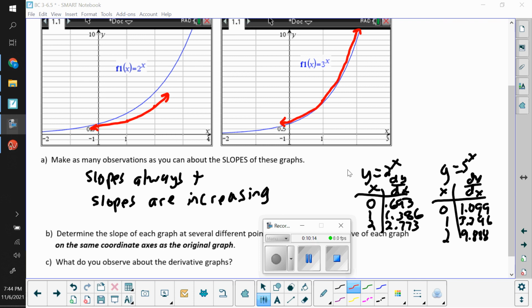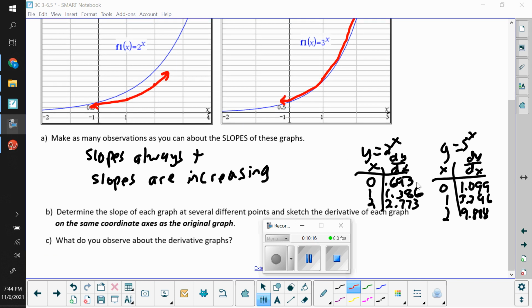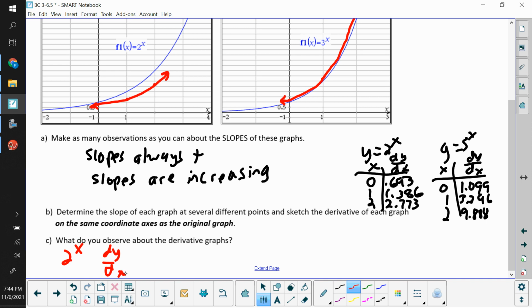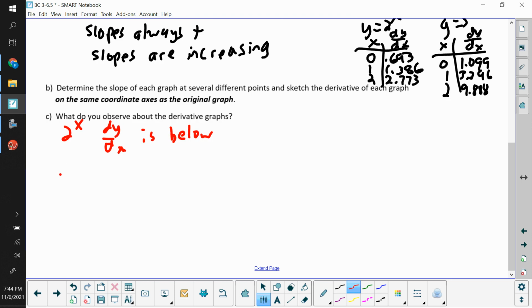So the thing that usually comes up is that in 2 to the x, the derivative graph is below. So in 2 to the x, dy dx is below, while in 3 to the x, dy dx is above.